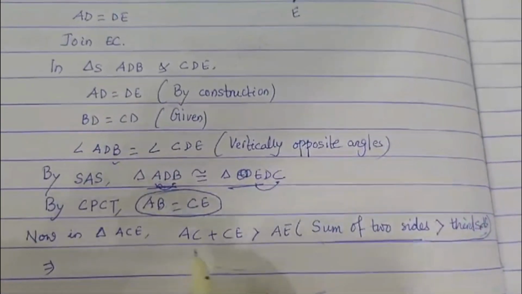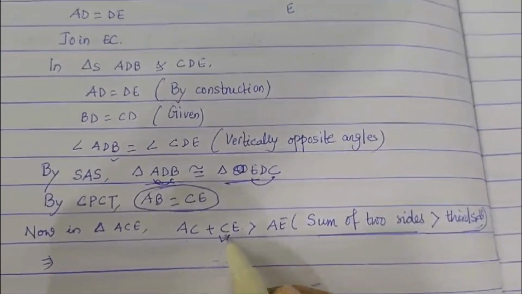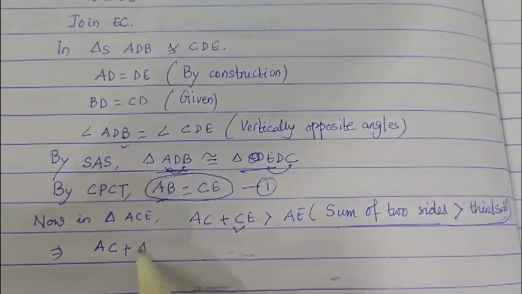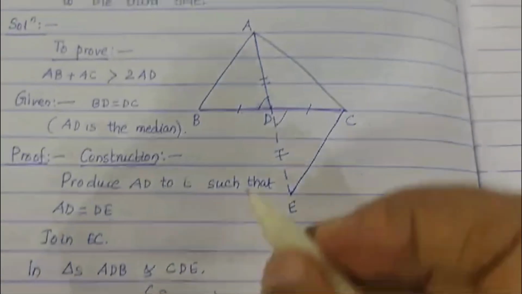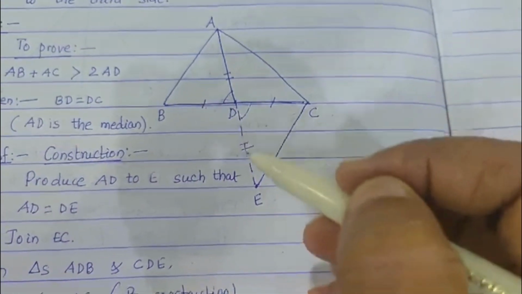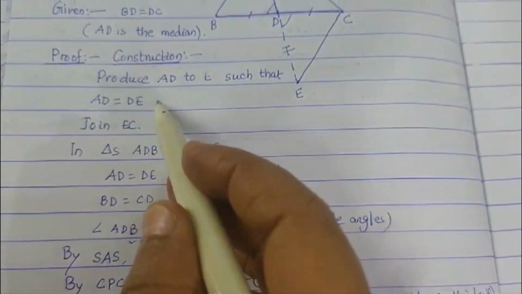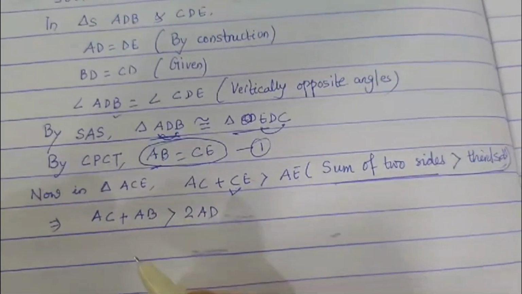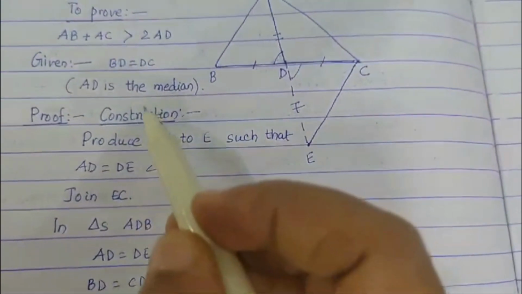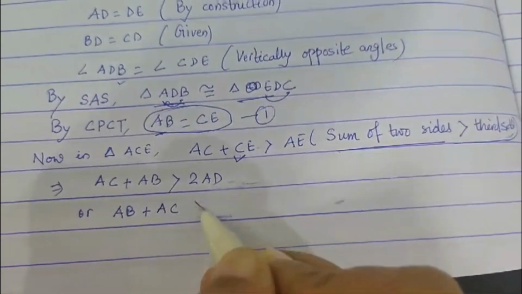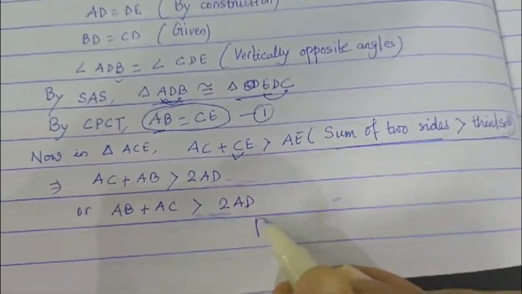So this implies AC plus CE, in place of CE we will write AB, so AC plus AB is greater than AE. AE is twice of AD, because AD equal to DE. So we can write twice of AD. And this is what we have to prove: AB plus AC is greater than twice AD. This is proved.